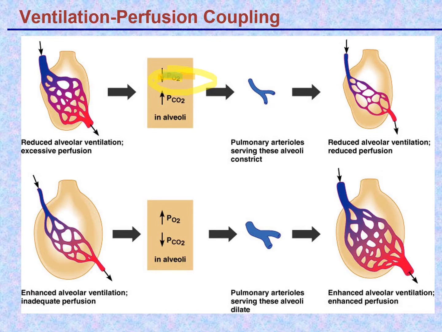Alveolar PO2 is reduced and PCO2 is increased in the alveolus.